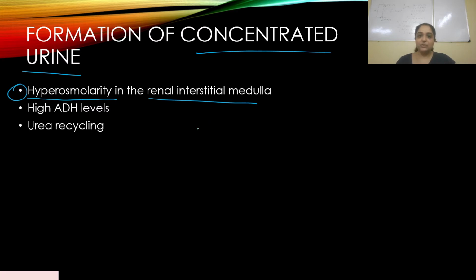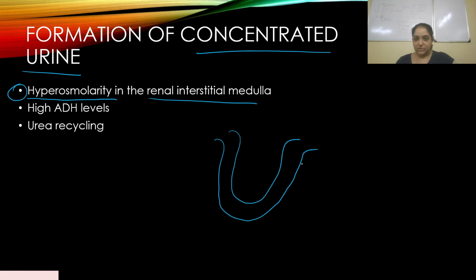If you remember the structure of the nephron, it is divided between cortex and medulla. You have the loop of Henle which goes down into the medulla region, and the loop of Henle is responsible for creating that hyperosmotic region.